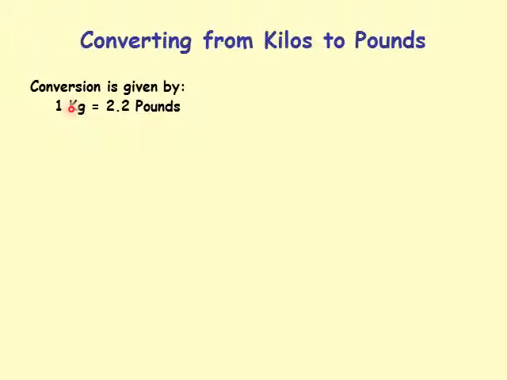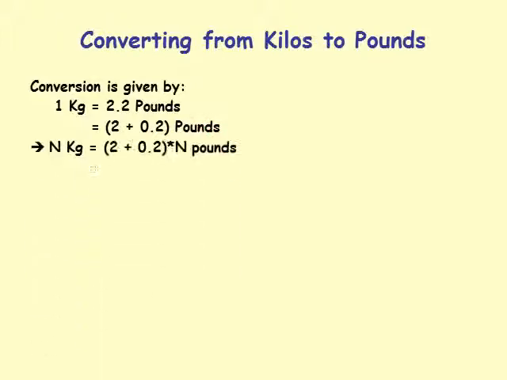1 kilogram is equal to 2.2 pounds, and we are trying to avoid multiplying by 2.2. So 2.2 is 2 plus 0.2 pounds, so n kilograms must be equal to 2 plus 0.2 times n pounds.